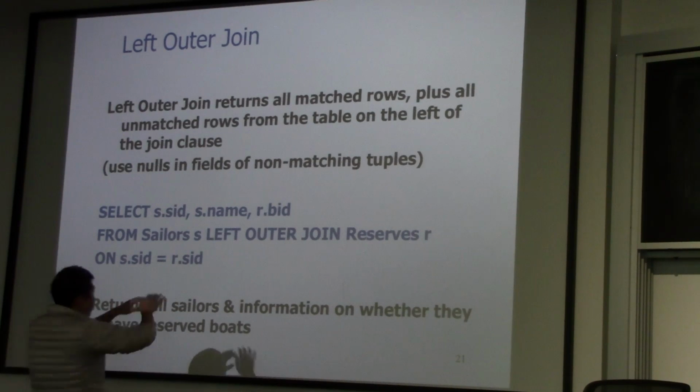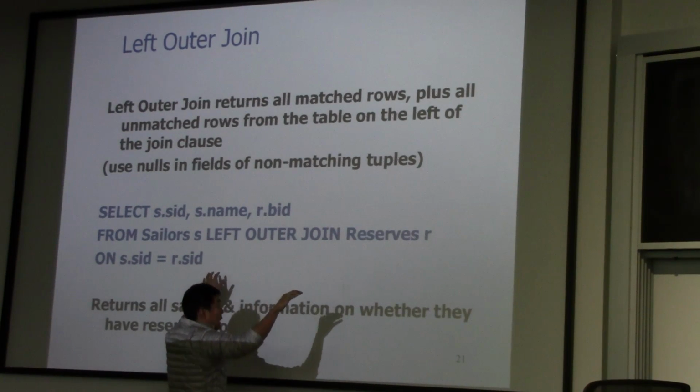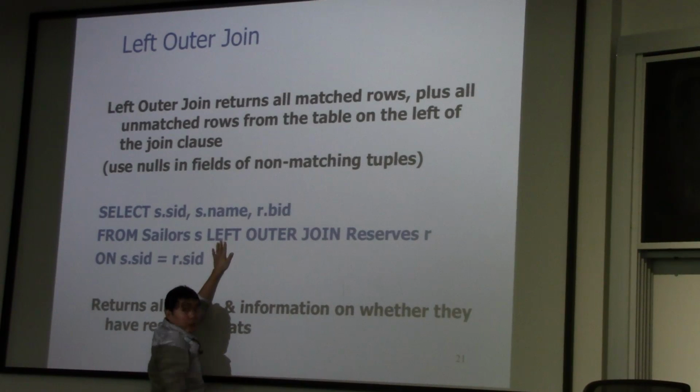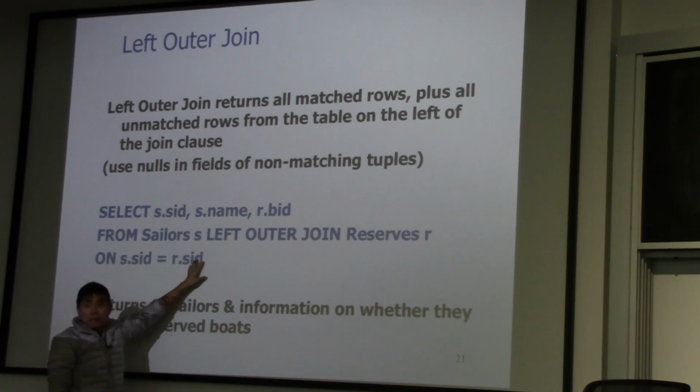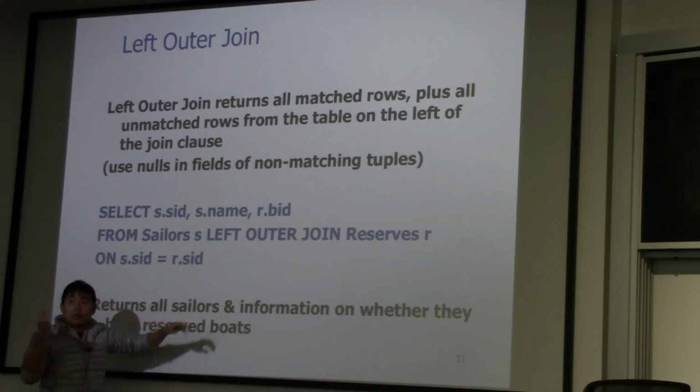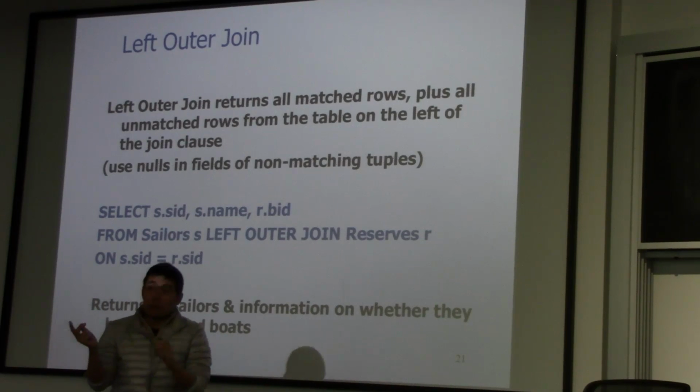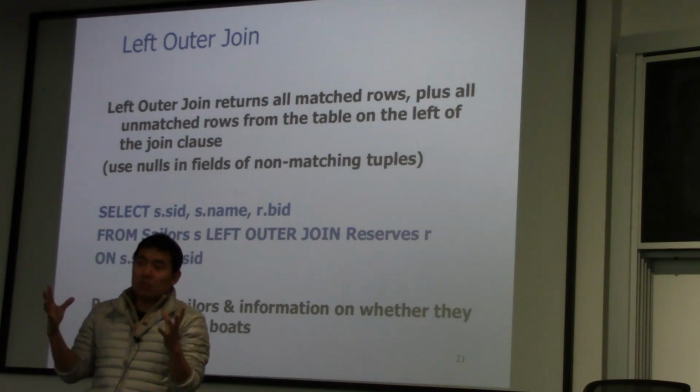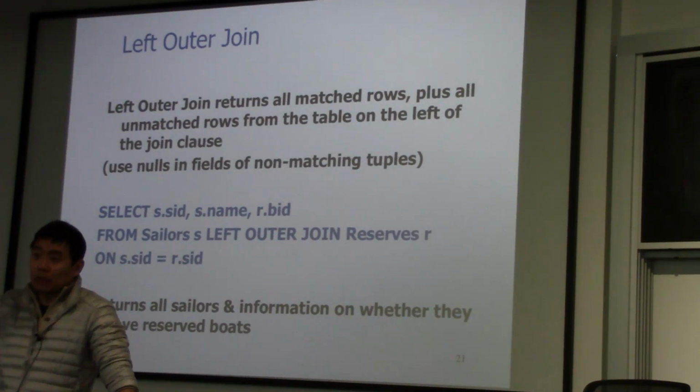If you keep this exactly as it is and change left to right outer join, by definition what it does is everything from the inner join, meaning all the matching records, plus everything from the reserve. But the key observation here is, again, SID is a foreign key in the reserve table. So every matching record in the cross product has already covered all the reserve records.